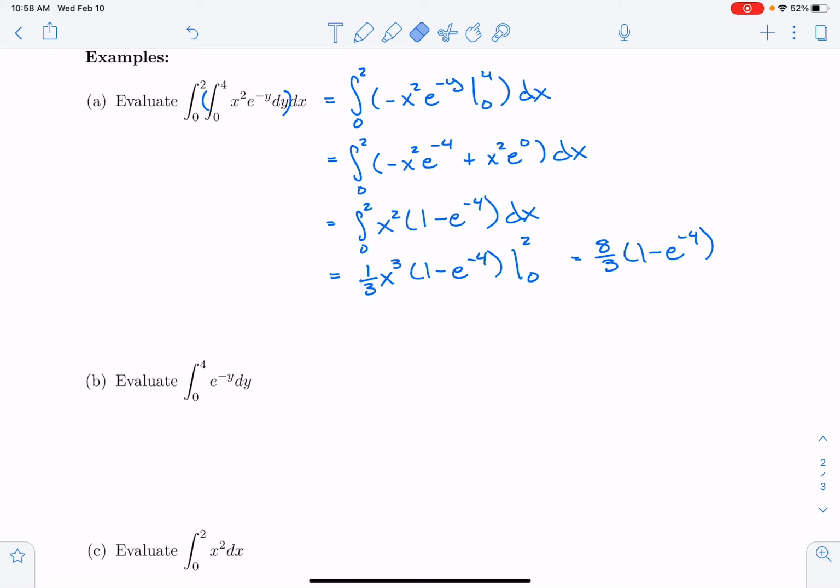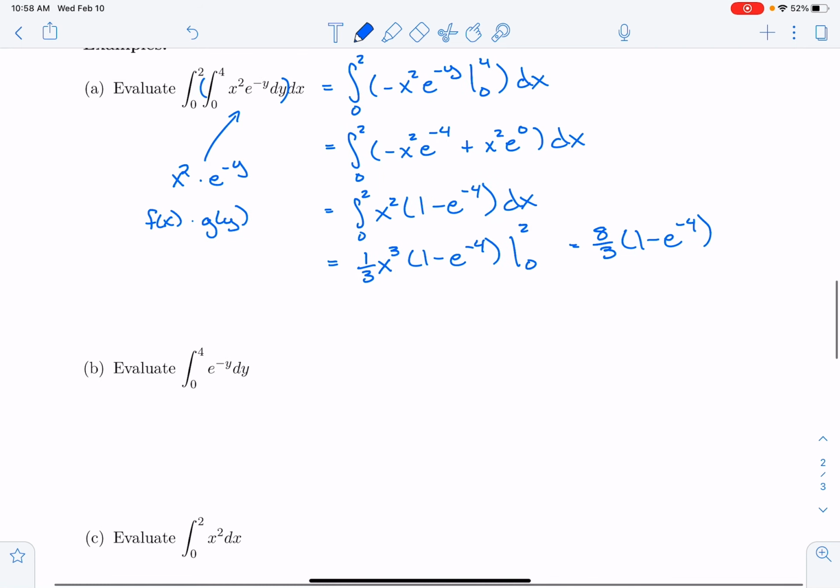But there's something interesting about this function, and that is that this function is x squared times e to the minus y. It's really a function of x times a function of y. And so because of that, I can actually evaluate these integrals separately, and I'll kind of show you how that works. I can look at just the integral from 0 to 4 of e to the minus y, which, if we find the antiderivative, is minus e to the minus y, evaluated between 0 and 4.